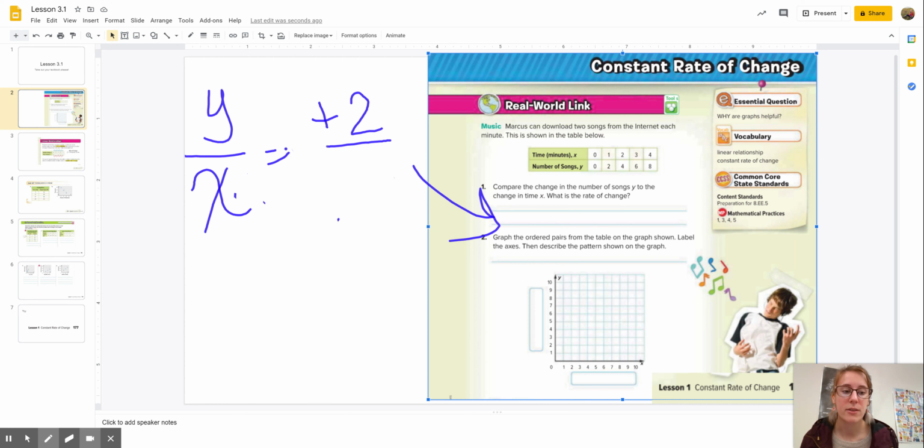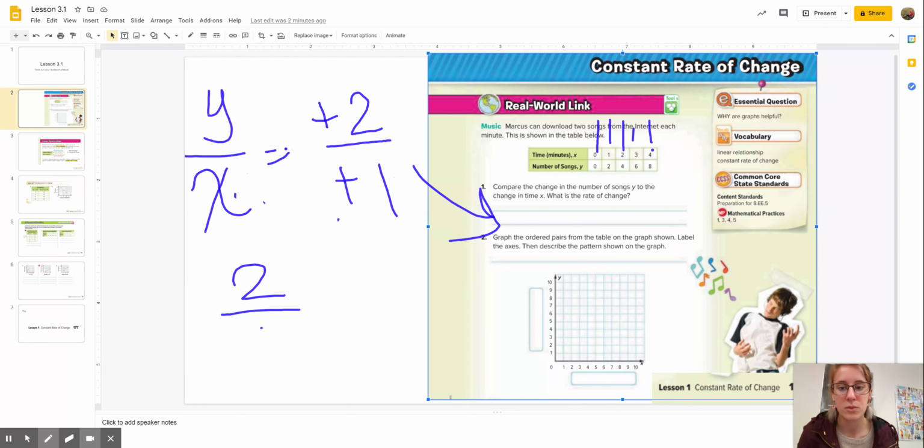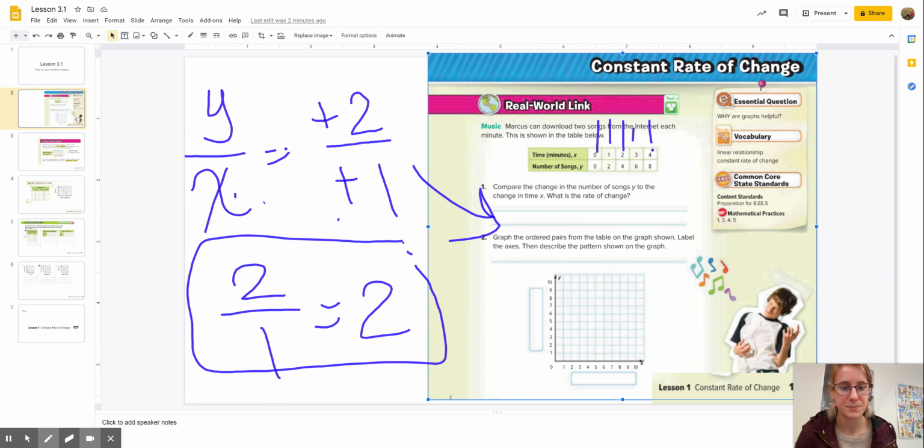In the denominator at the bottom, we want to write the change in our time. Our time is increasing by 1 minute at a time. It goes from 0 to 1 to 2 to 3 to 4. We're counting by ones. Our change there is constantly plus 1. So our rate of change is 2 over 1, or just 2. Either of those could be your answer.